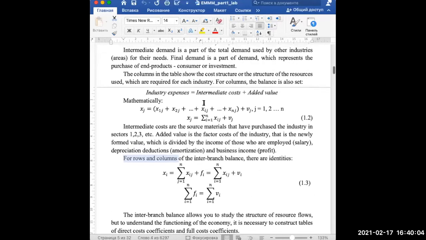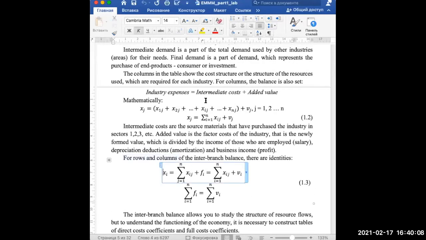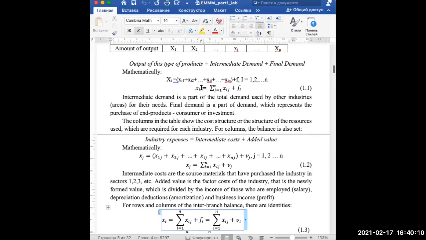And we can write it by using these formulas, where we put the first part, which is based on demand, sum of xij plus fi, so it is our sum of outputs based on demand, must be equal to what?